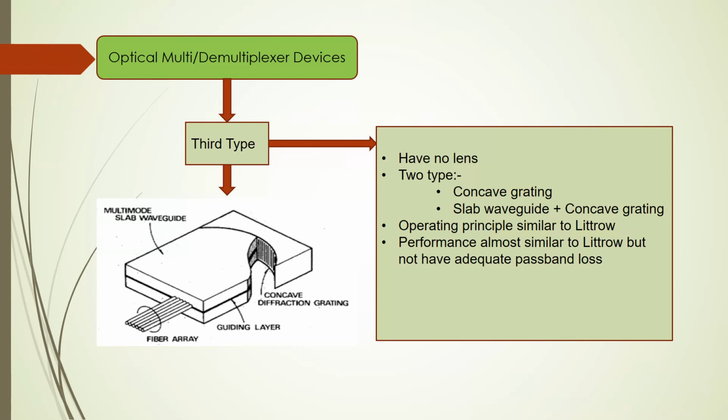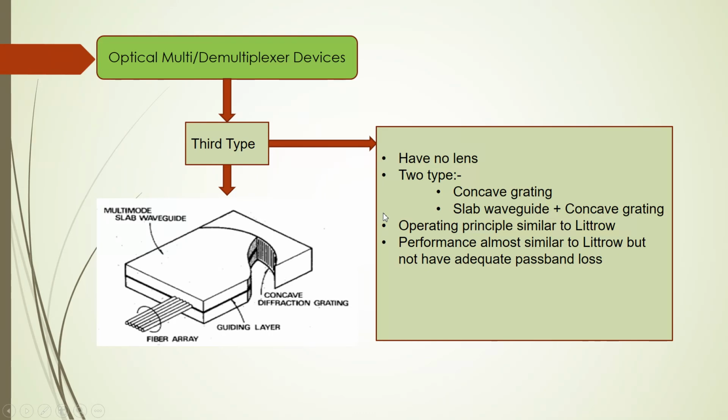And the other type that I want to talk about here is the third type, aside from the litho type, and this figure is the third type. Here is the fiber array, the guiding type, and here is the concave diffraction grating and the multimode slab waveguide.